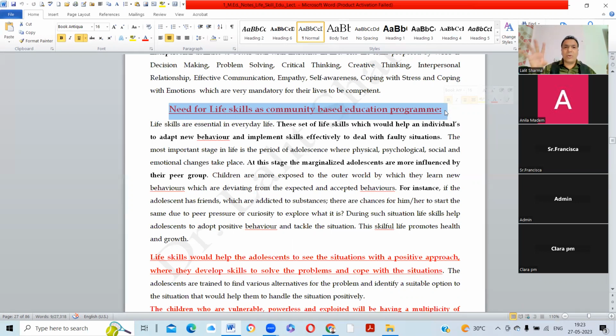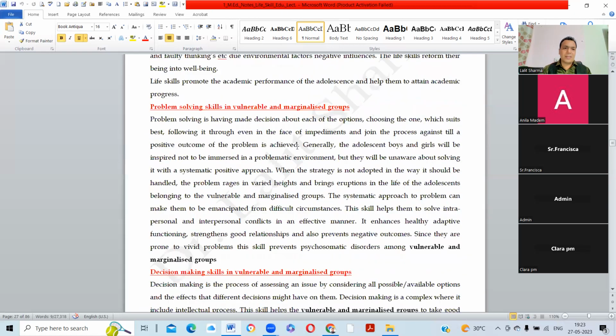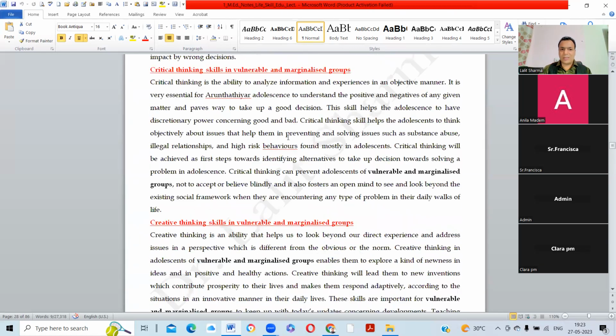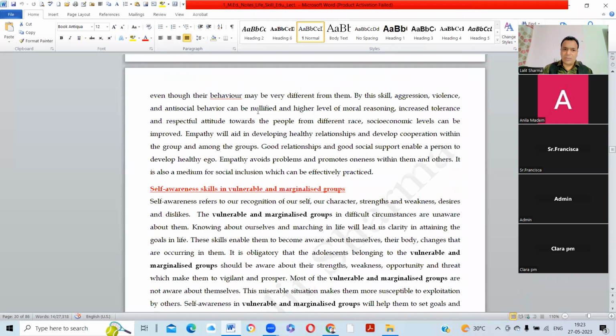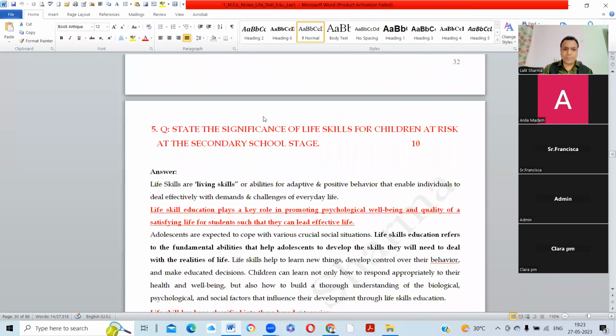Teachers used to go to different villages and train the teenagers and adolescents over there, those who had left their studies. Similarly, with the help of a life skills education program, we can uplift the marginalized groups. So under this answer, you have to talk about all these things, all these skills. You have to mention them under this, right?